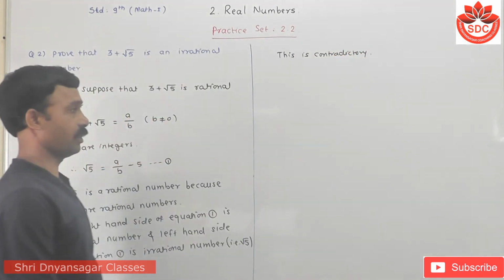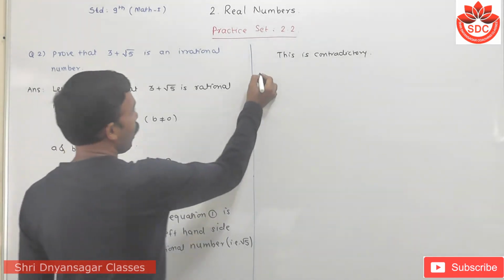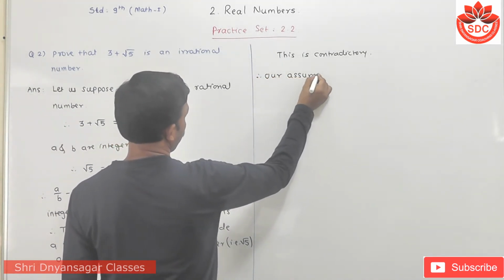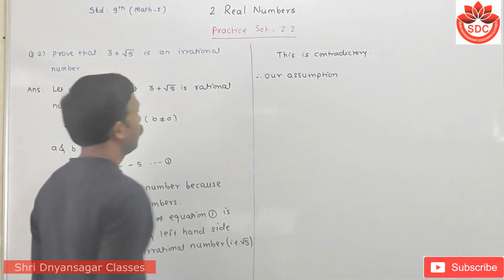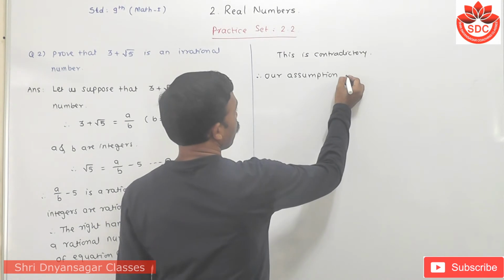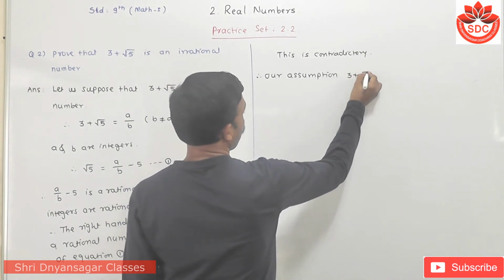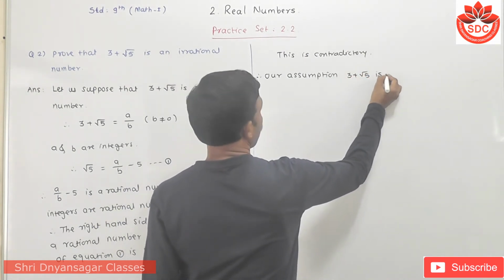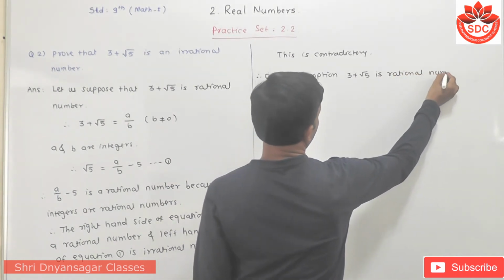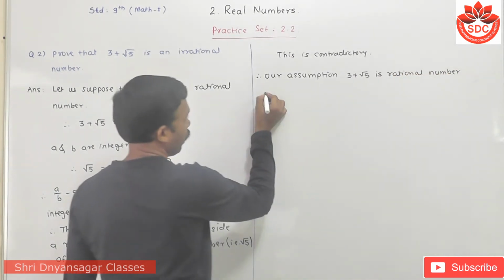This is the contradiction. This means that therefore our assumption that 3 plus root 5 is a rational number is wrong.